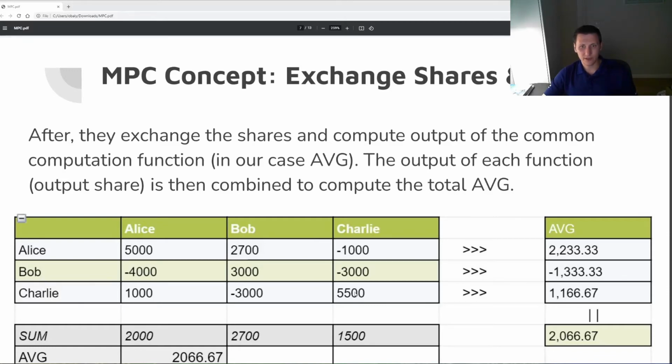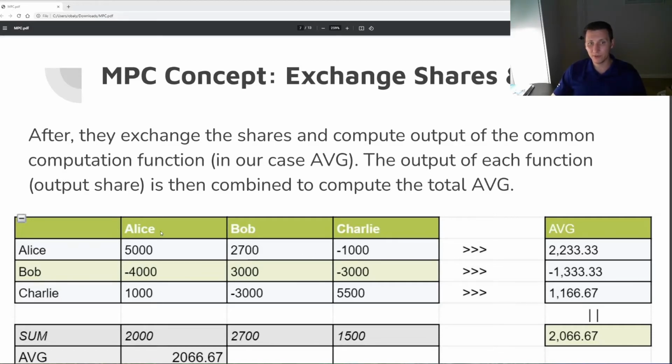Bob did the same thing and Charlie did the same thing. So now Alice has 3 shares to operate on: 1 share from Alice, 1 share from Bob, 1 share from Charlie. Bob and Charlie have done the exact same thing. Now they apply the average function.